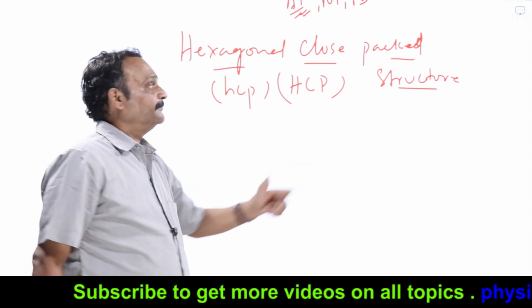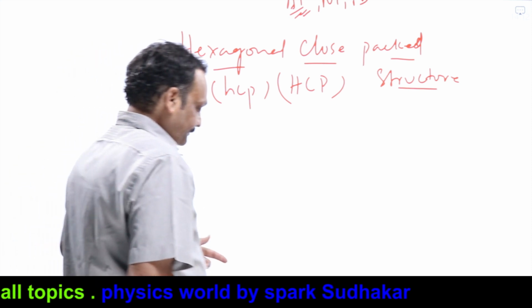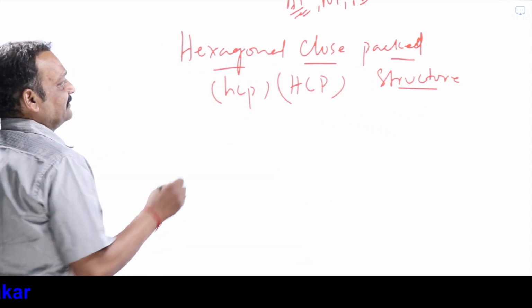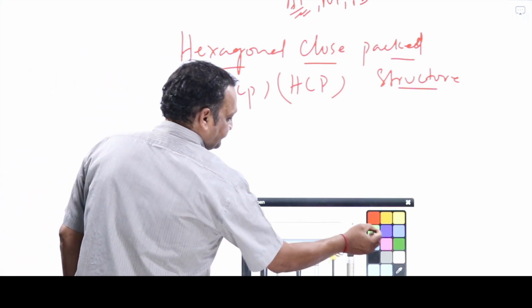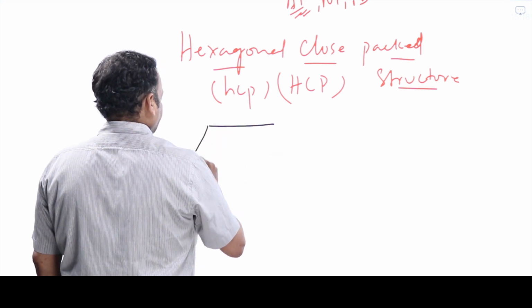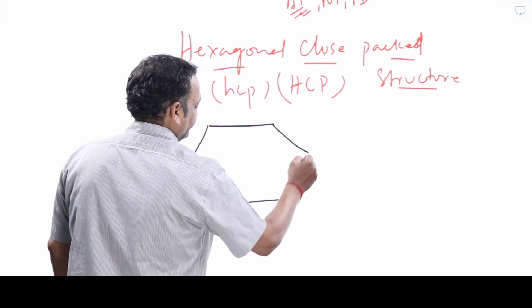Now, what is this hexagonal close packed structure? In hexagonal close packed structure, the structure will be like this. I'll first draw one regular hexagon. All sides are equal, like this.